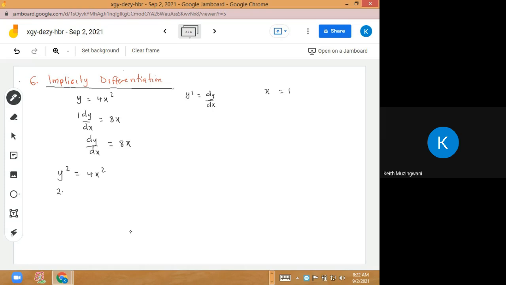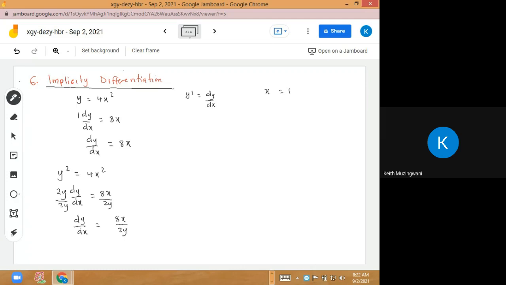So you say 2y, but because you have differentiated y squared as if you are doing it with respect to y, you multiply it by dy dx, and then differentiate 4x squared with respect to x, you get 8x. So you divide by 2y. So dy dx is equal to 8x over 2y.